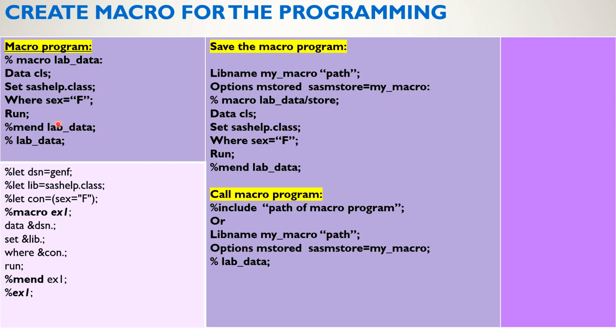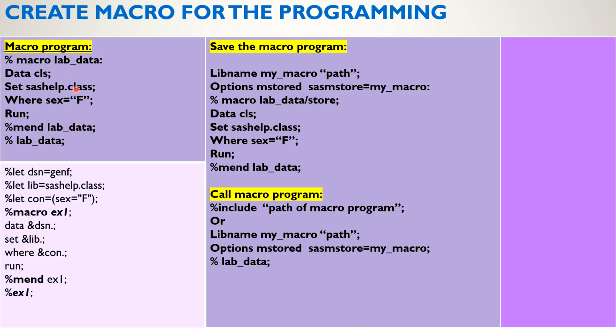So here we can see how to create macro programming in SAS. If you want to create a macro program for an entire code, first we need to write percent macro, then the macro name, your lab underscore data. Then percent mend, to end the macro.